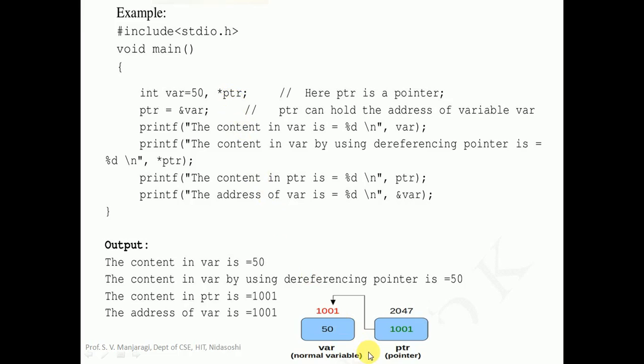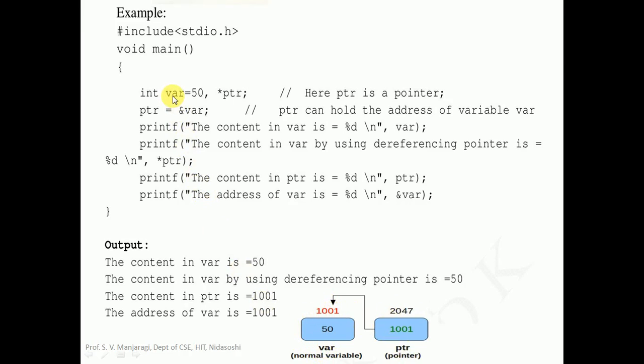Okay, so ptr is a pointer, and it is also having its own memory location, and each memory location will be having a different address. So ptr having a memory location with address of 2047. 2047 will be the address of pointer variable ptr. 1001 will be the address of the normal integer variable var.